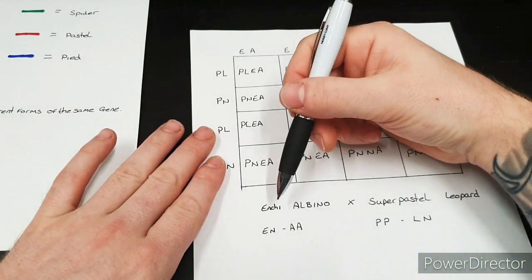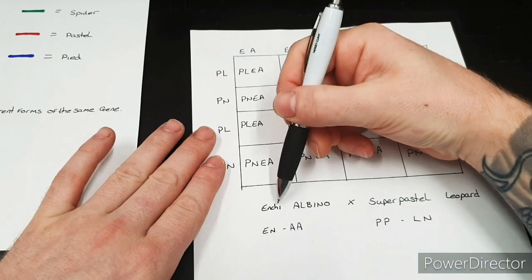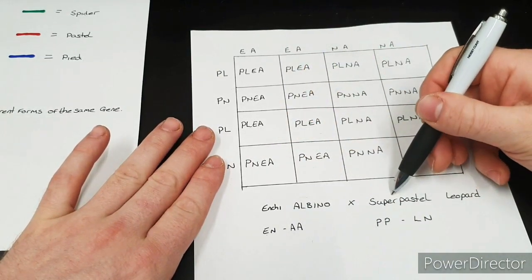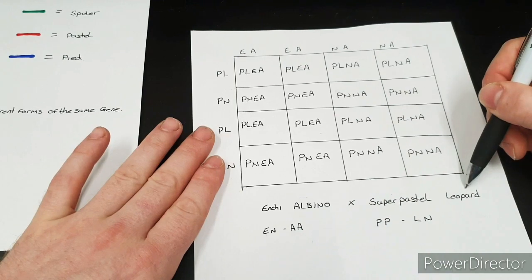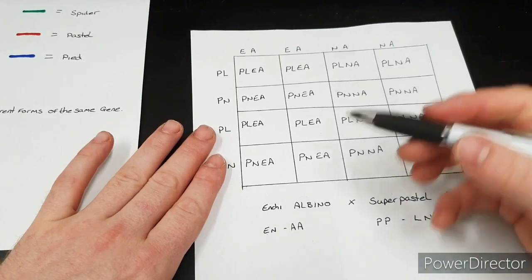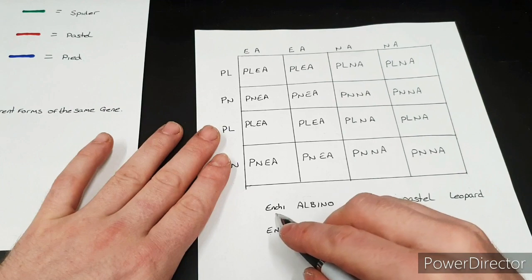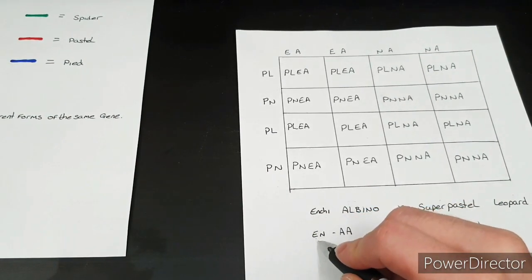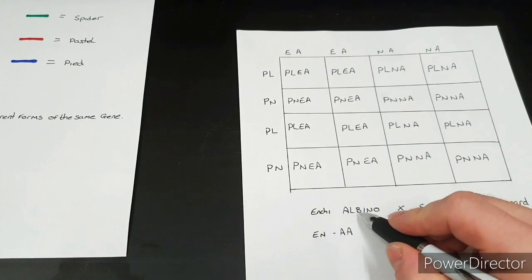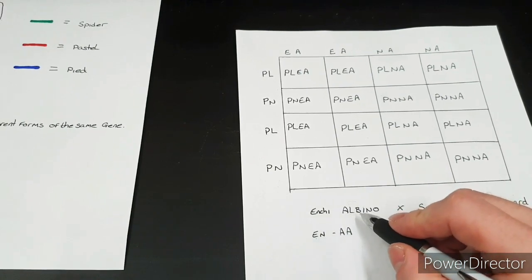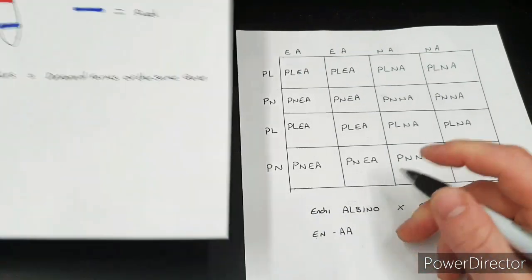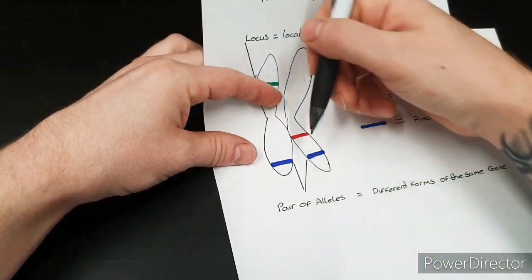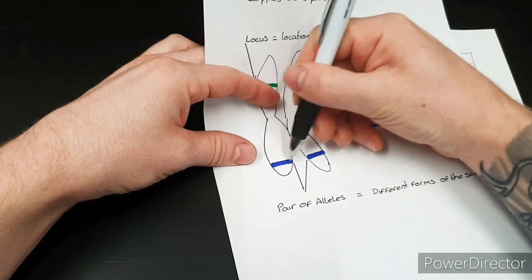Here we have a recessive in here, so Enche and albino, also a super pastel and a leopard. So start off with the Enche. Enche has one copy of the Enche gene, one copy of the normal gene. Albino is a visual albino, so any visuals, albinos, recessive genes, has two copies.